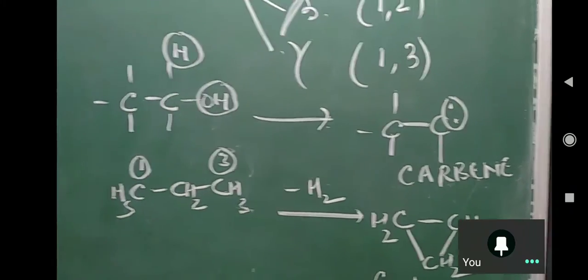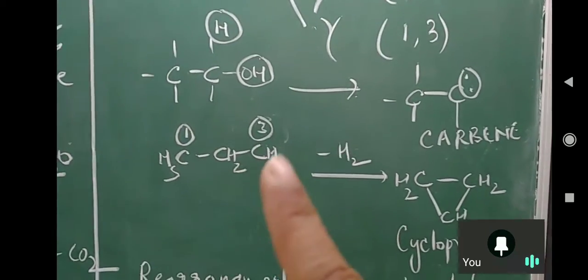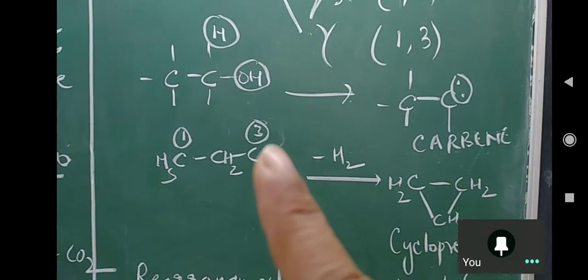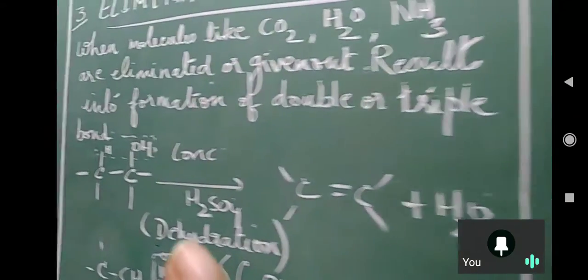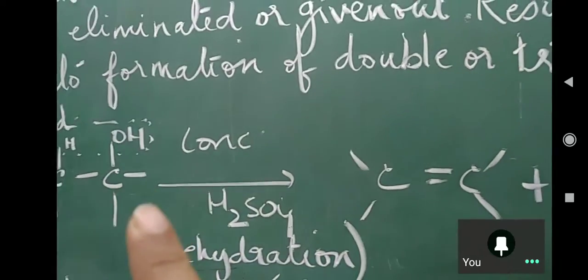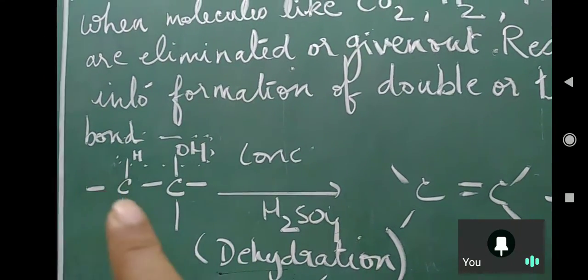Okay. All right. Now look at this reaction. Right. This is 1, 3. 1, 2 I have already given you example. See here. This is functional group. This will be carbon atom number 1. This will be carbon atom number 2.